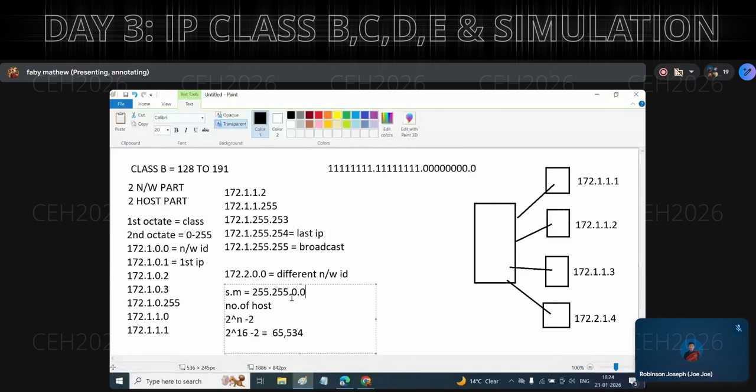Similarly, here when I increase the bits in the second octet, only 2 octets of bits are there. So when you calculate the value, that is 65,534. So how many addresses are decreased? Near about 1 crore 67 lakhs hosts would be decreased.